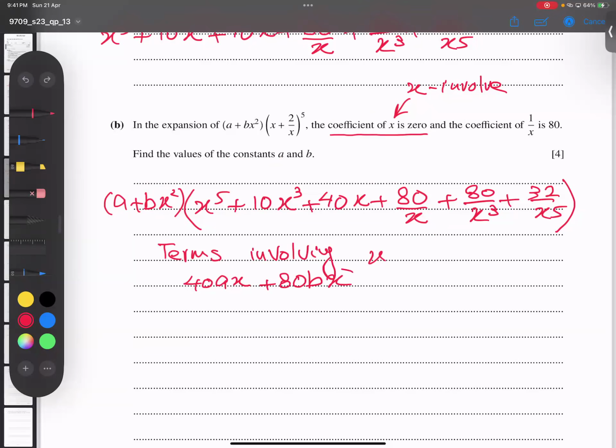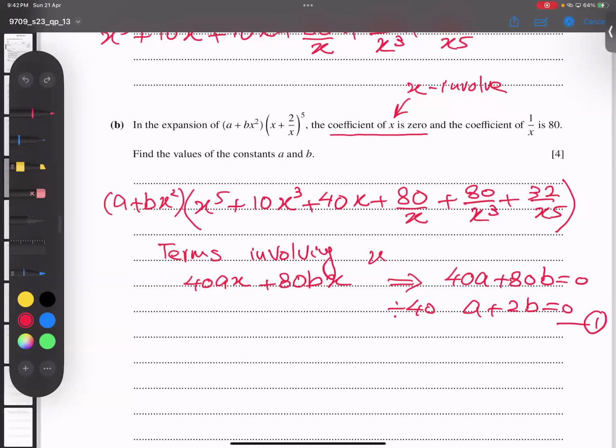So I will take 40a plus 80b is equal to 0. And divide by 40, I got a plus 2b equal to 0. Equation number 1. Okay, this is clear.